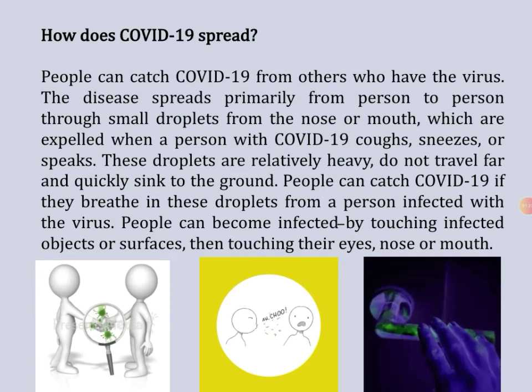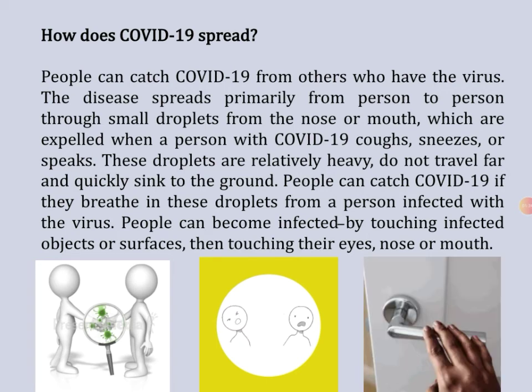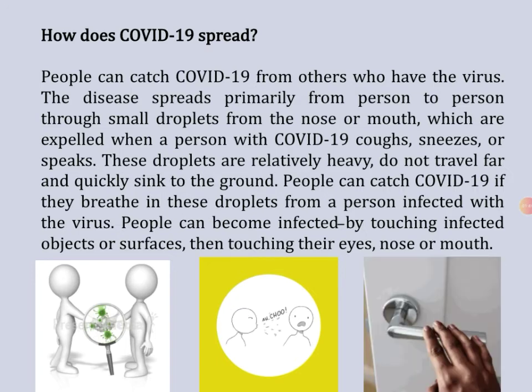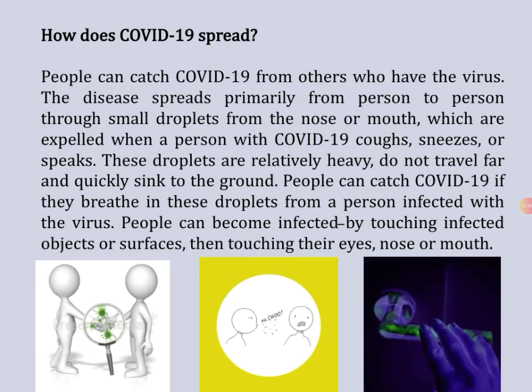How does COVID-19 spread? People can catch COVID-19 from others who have the virus. The disease spreads primarily from person to person through small droplets from the nose or mouth, which are expelled when a person with COVID-19 coughs, sneezes, or speaks.